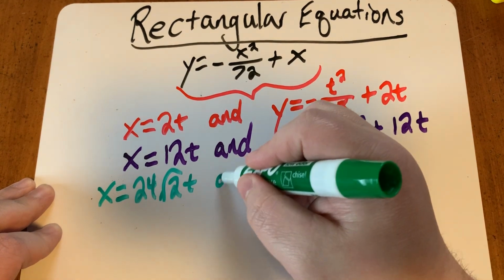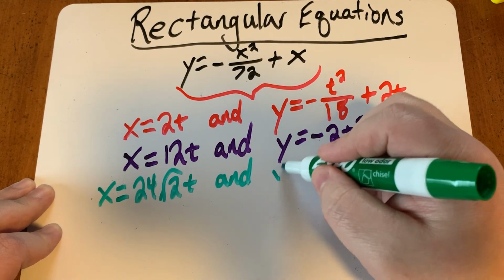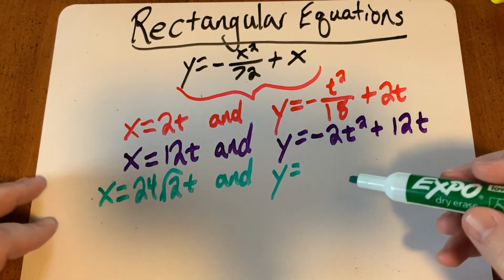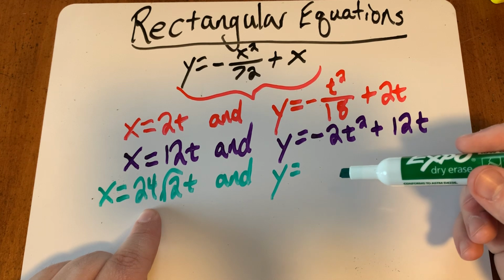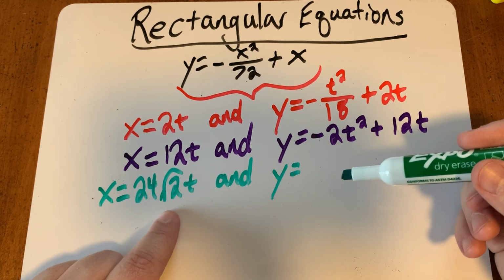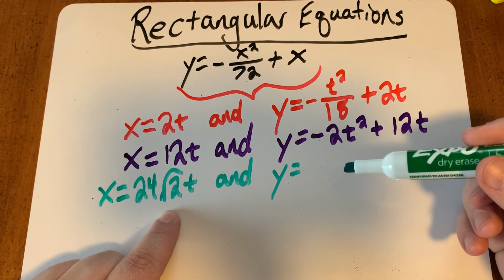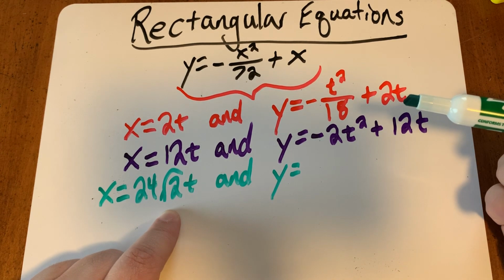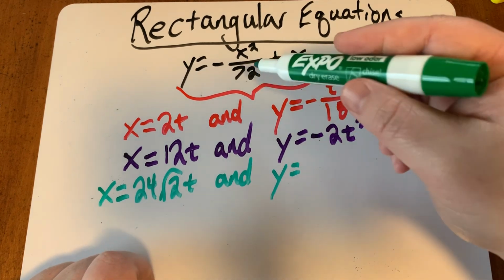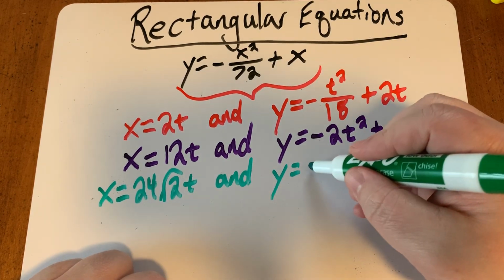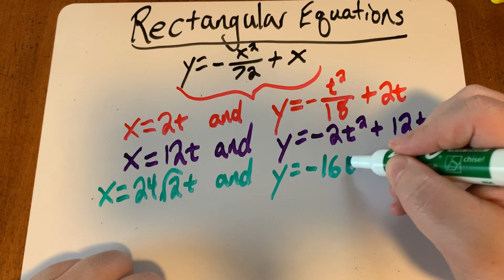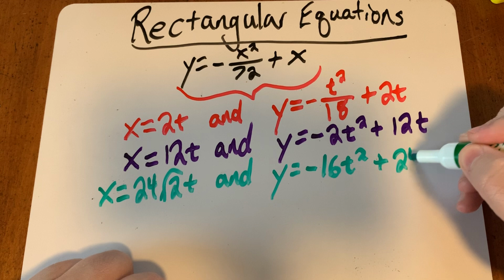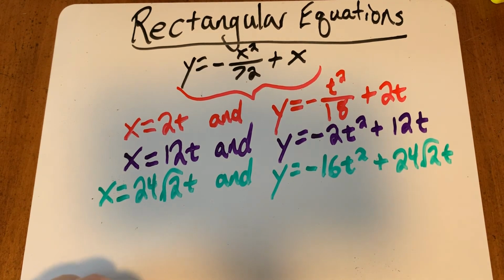So if x equals 24 root 2 times t, 24 squared is 576 times 2 is 1,152, and 1,152 divided by 72 is actually negative 16. So negative 16t squared plus 24 root 2 t.